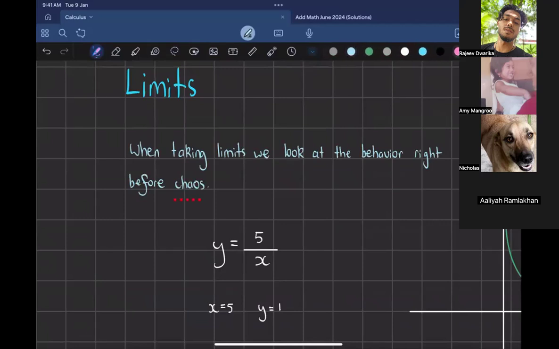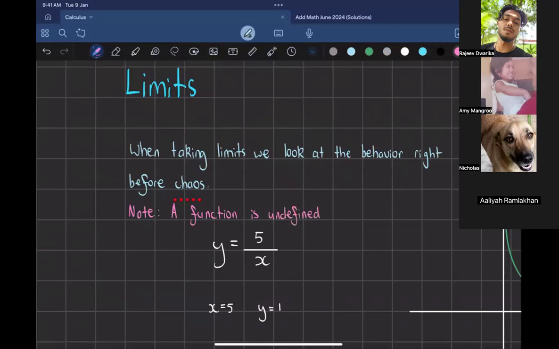Nicholas, what is the note again? At what value of x is a function undefined? Right, so a function is undefined, well, not all the time. Let me just say the correct thing.